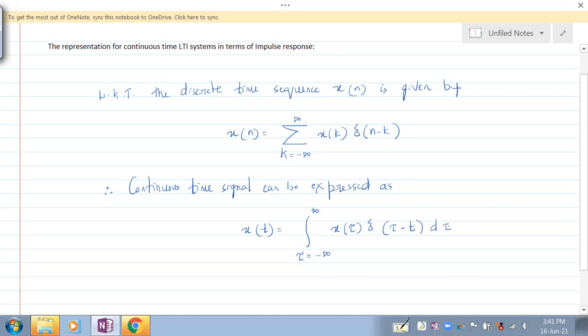So with respect to tau, we need to deal with this. Wherever k was there, that k is replaced by tau now, summation is replaced by integral, and n is replaced by t. It is not the convolution integral yet, it is just the expression of x of t. Since x of n can be expressed like this, x of t can be expressed like this. Understand?